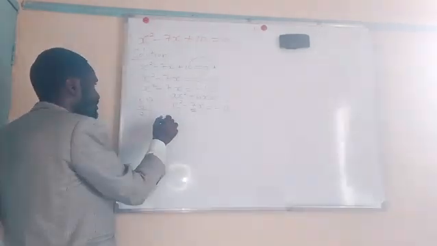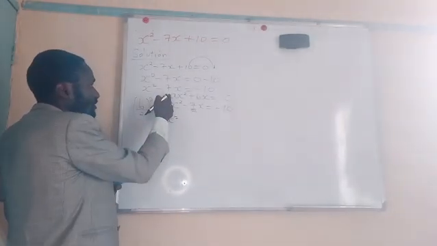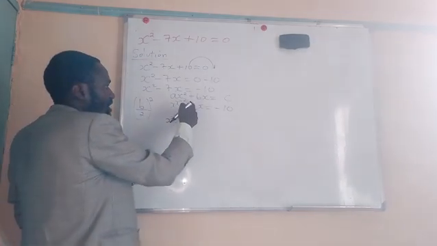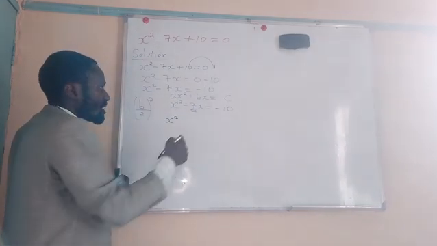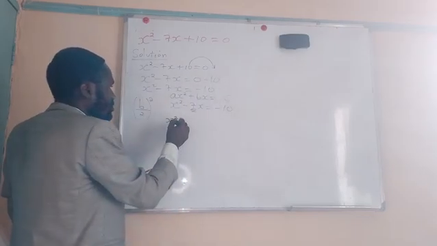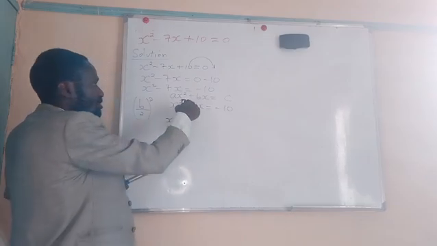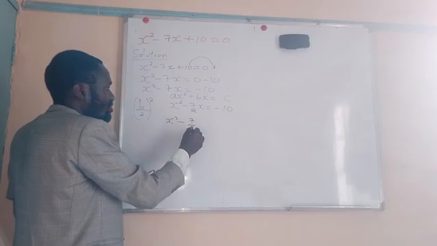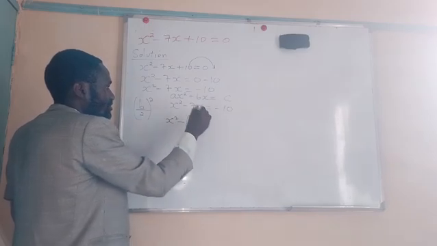So then we shall say x squared, the value of a is 1, the coefficient of x squared is 1. And the value of b is negative 7, the coefficient of x. And the constant is negative 10, on this other side of the equal sign. So x squared minus, I'm supposed to take that b, which is 7, I divide that by 2, then I square.